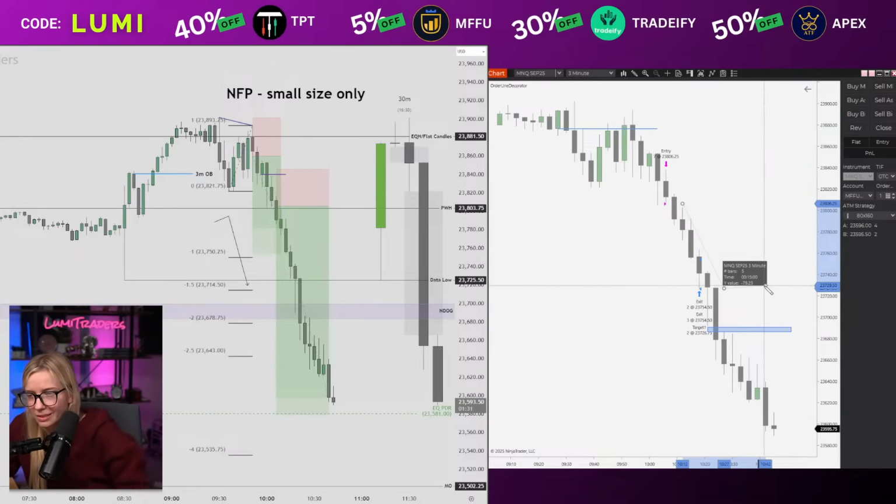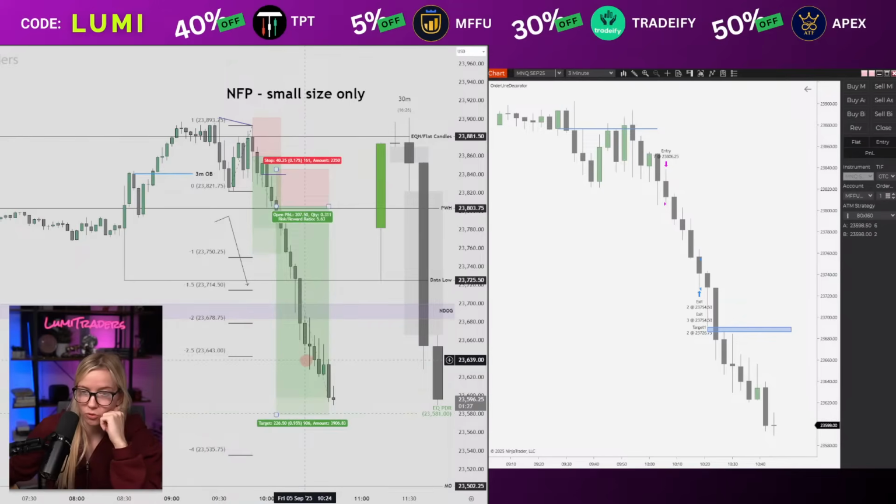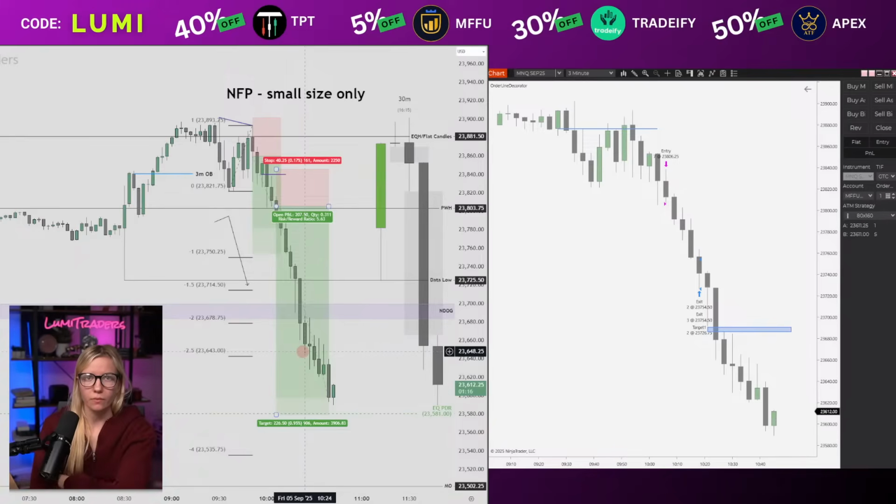How many points? Like 79 points only. And it dropped like 200 from my entry. If I was smart, I would take partial at data low as well.